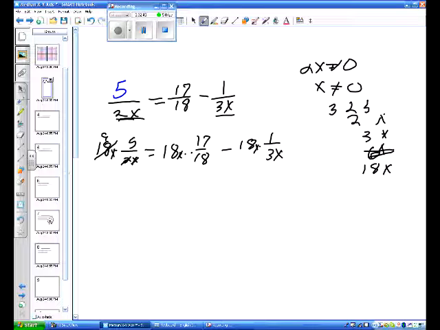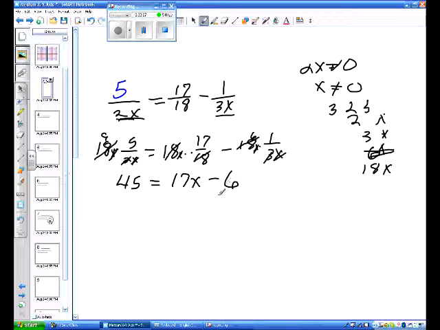And the x goes into x one time. So we have our 9 times 5 is 45, is equal to our 18's cancel, and we have x times 17, or 17x. Then minus our 3 goes into 18 6 times, and our x's cancel, and so we have 6.